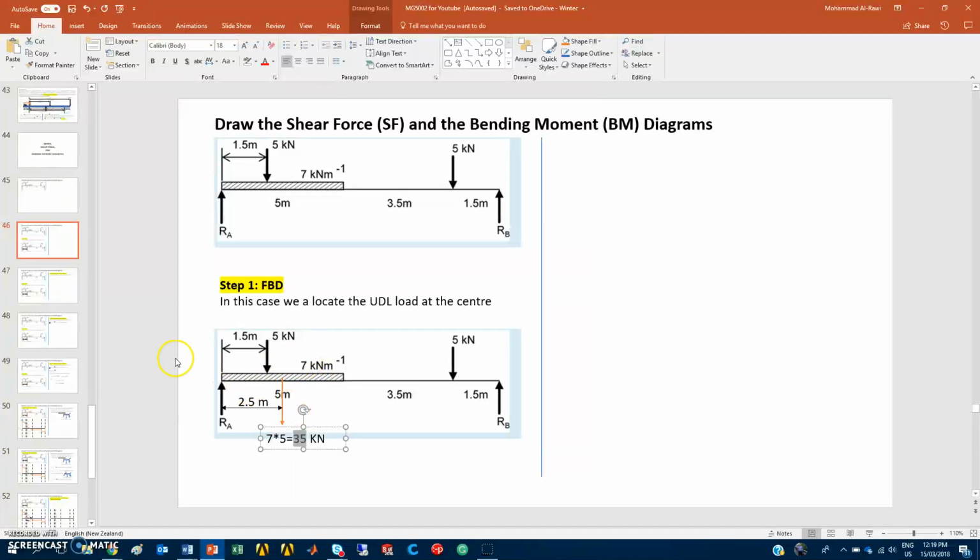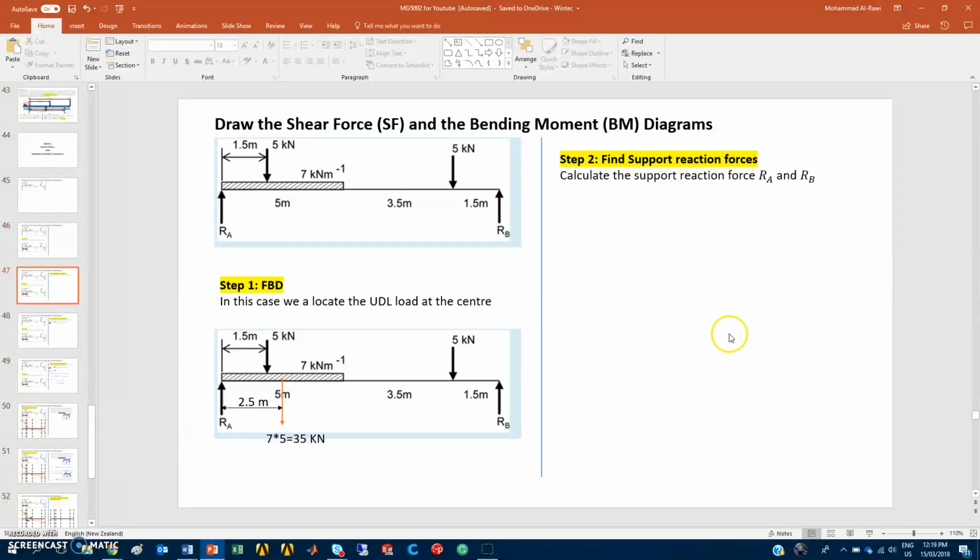Now step 2, we need to calculate the values for RA and RB. How do we do that? We learned from non-concurrent forces that you can take two equations: the algebraic summation of forces in the y direction, and a moment about a point, let's say at A. Let's start with the first.